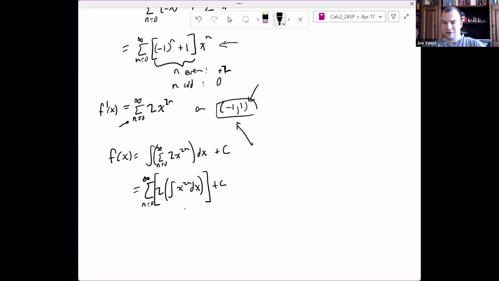So I think I've got all of my parentheses right there. Yeah, looks good. And then my integral is going to be x to the 2n plus 1 over 2n plus 1, plus c.